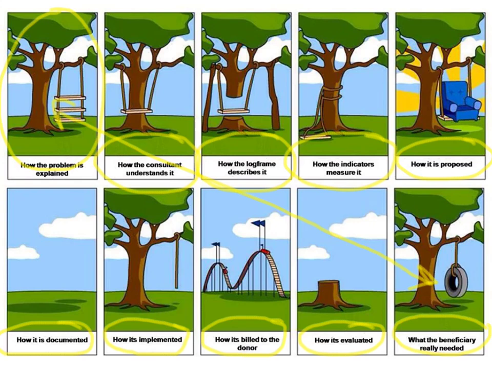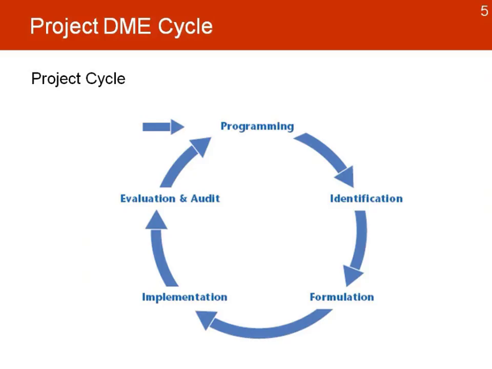The idea is that we need to have a comprehensive approach that will define a methodology from the moment we design, understand a problem, to the moment we deliver the solution to the people that need it. So that's the idea of the project cycle.